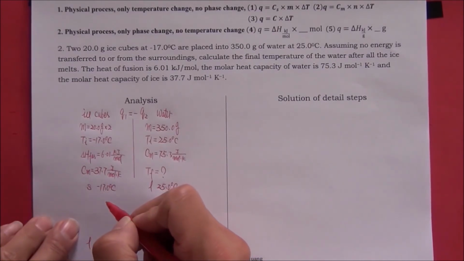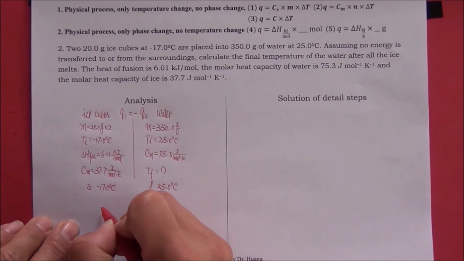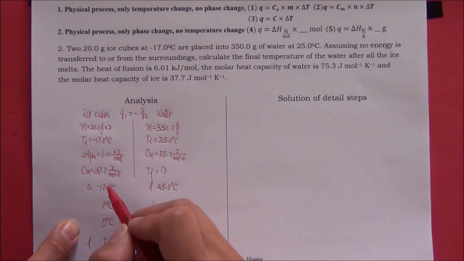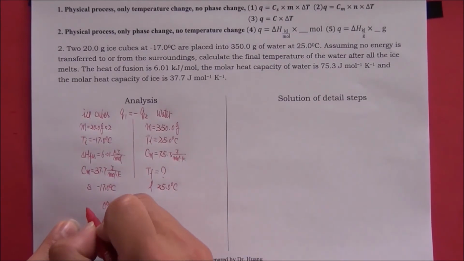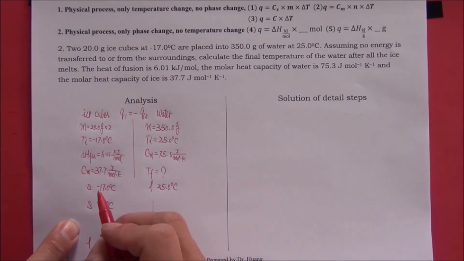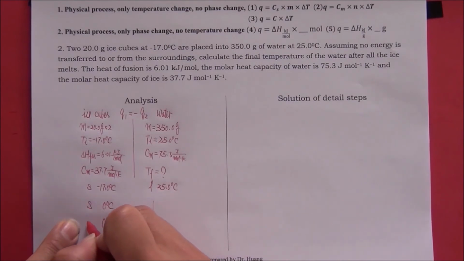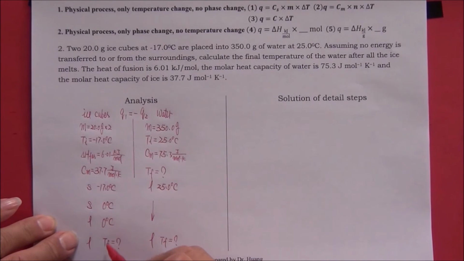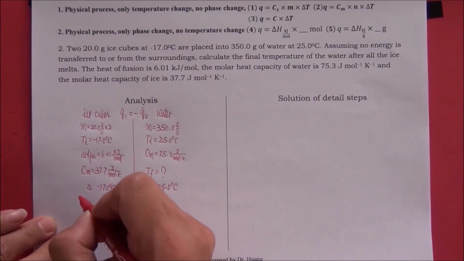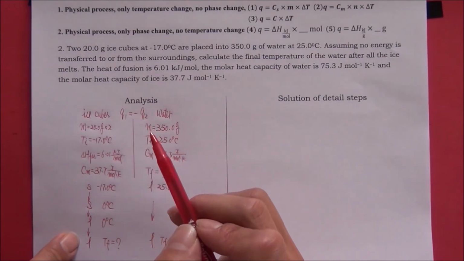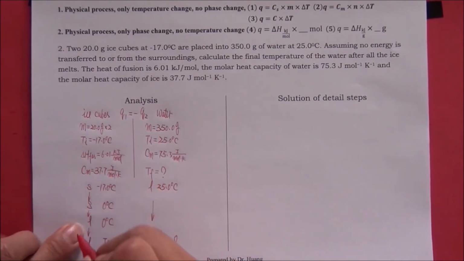As we know, the melting point for water is 0 degrees Celsius. For the first step, we can have temperature change but no phase change. And for the second step, we can have phase change but no temperature change. And for the third step, we can have temperature change but no phase change. Since we already have Q1 and Q2, let's call these steps A, B, and C.